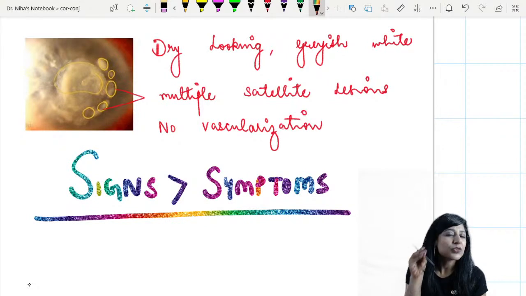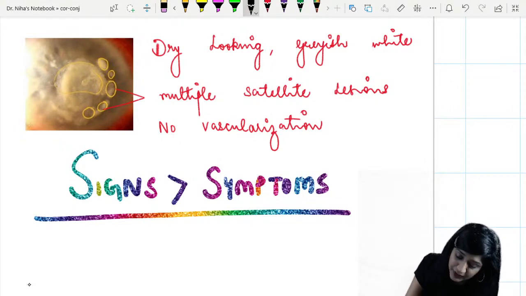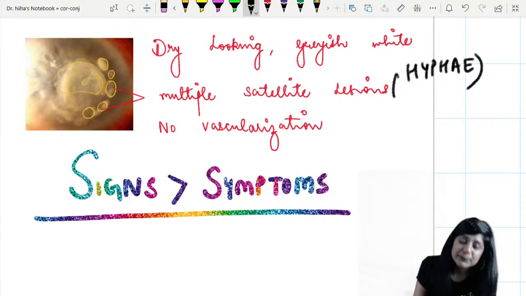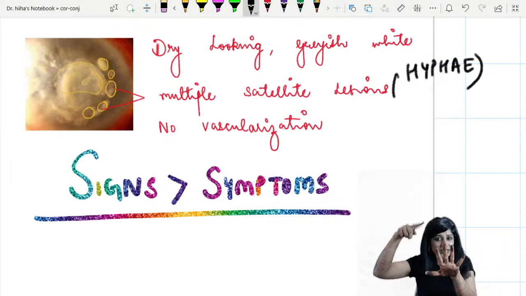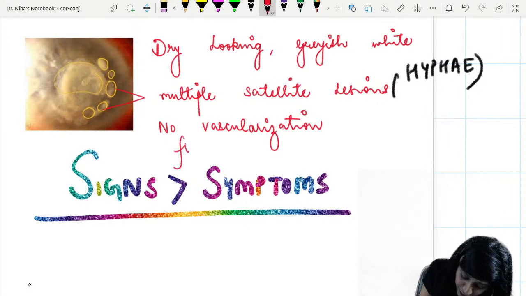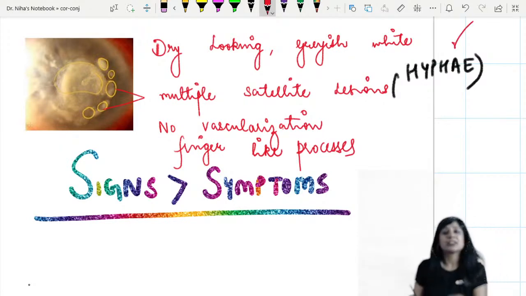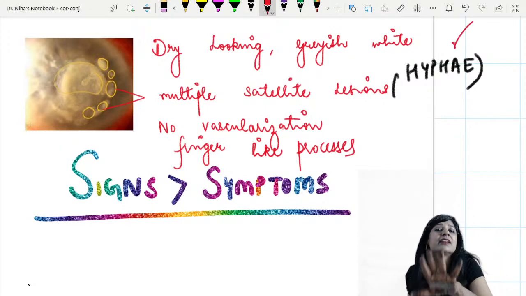While fungal is a silent killer, dry looking, grayish, and because it has got hyphae, it is having the multiple satellite lesions. Finger-like processes are there. We have lot of finger-like processes because of the hyphae, and these finger-like processes will be entering the hypopion.